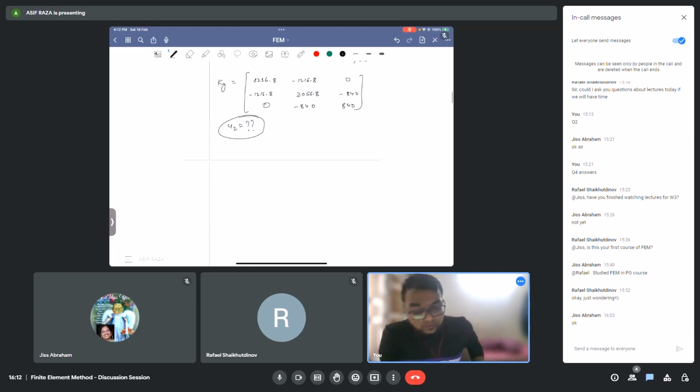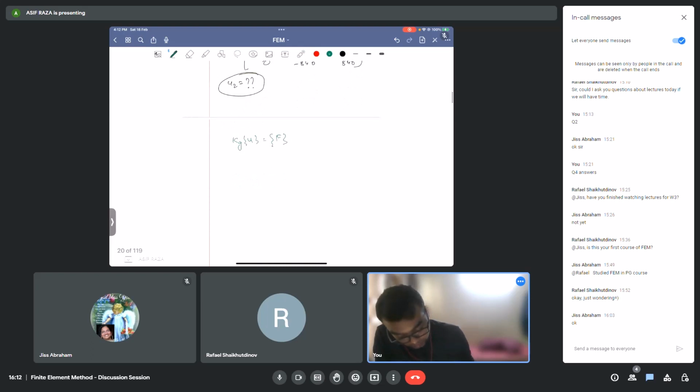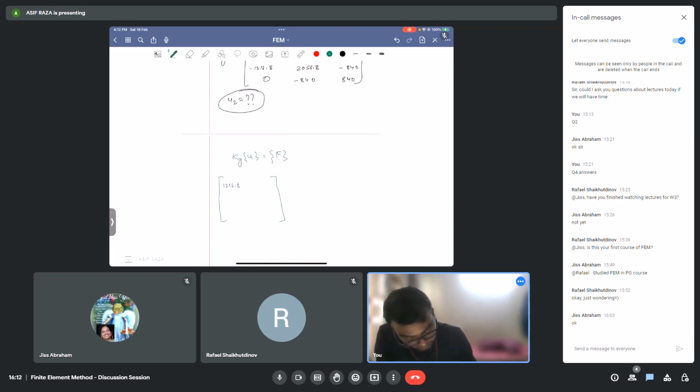So we have the force relation, we know the force relation will be Kg times u is equal to force, where Kg is my global stiffness matrix, as found earlier: 1216.8, minus 1216.8, 2056.8, minus 840, 0.